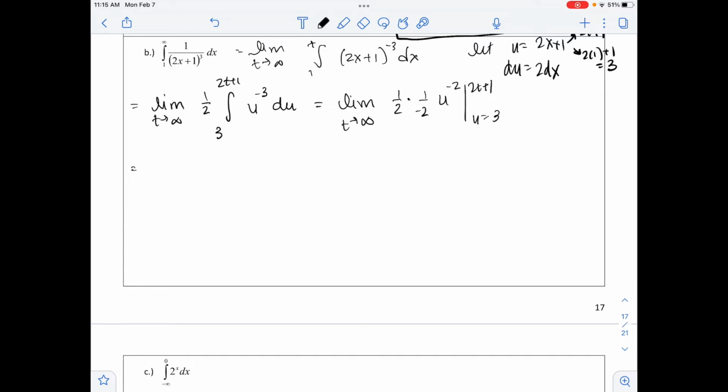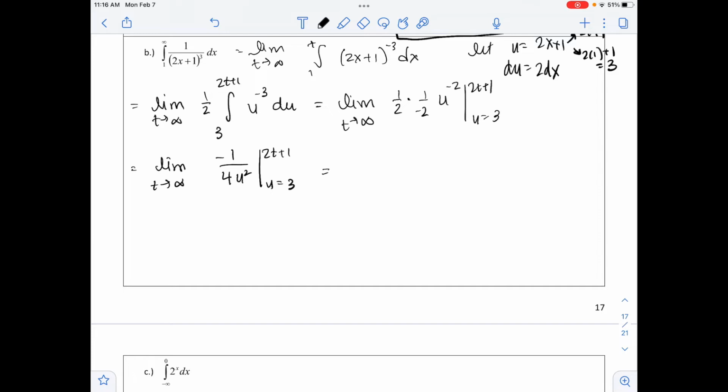And so we still have the limit as t approaches infinity of negative 1 over 4u squared, evaluated from u equals 3 to 2t plus 1.